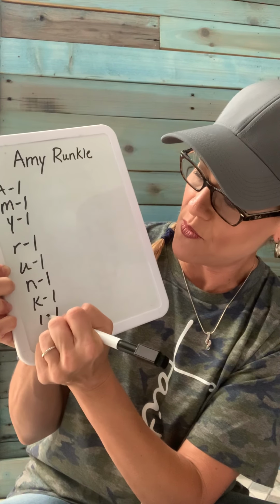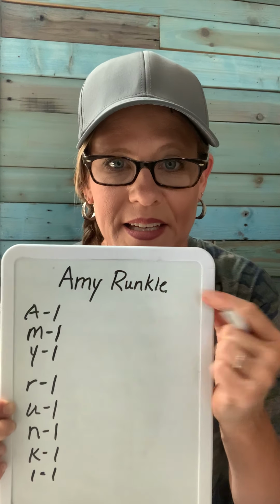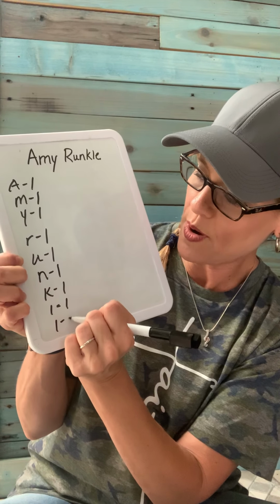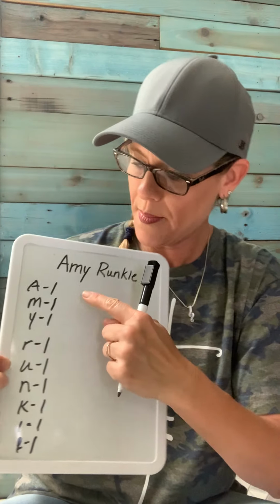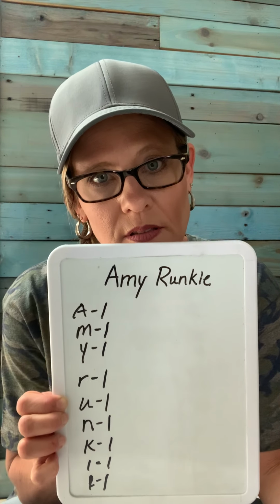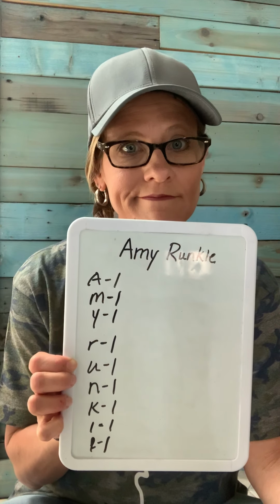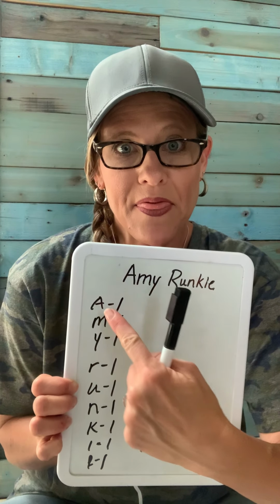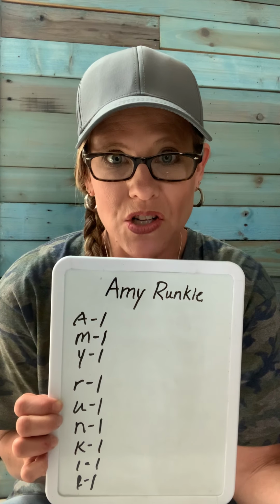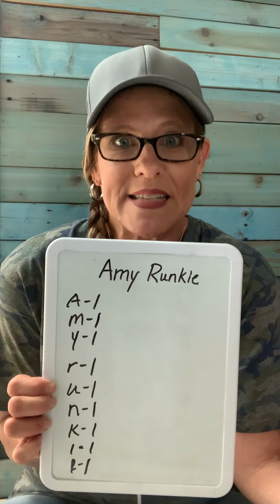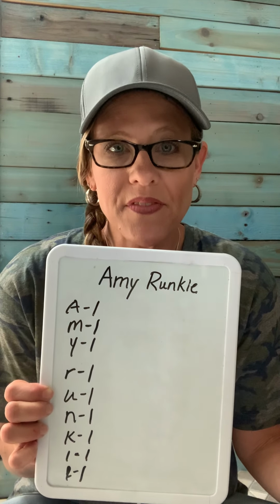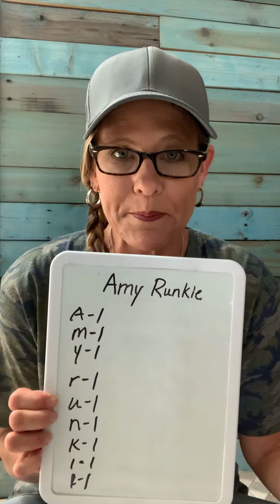And we're looking at 1 L, and how about that E? 1 E. So when I look at all my numbers, which letter has the most? They're all the same. That means I don't have any repeating letters. So my data would tell you that I only have 1 of the same letter in my whole name.